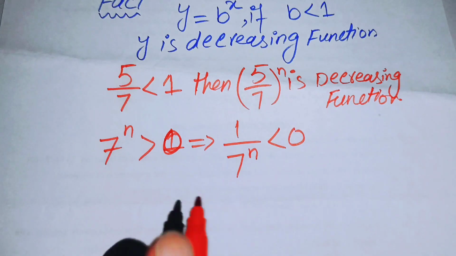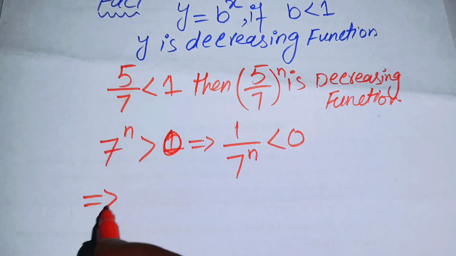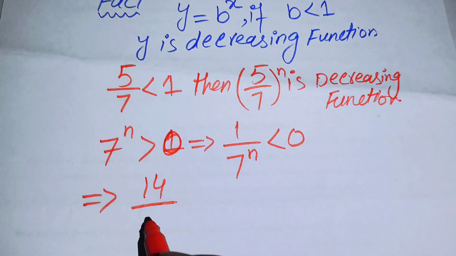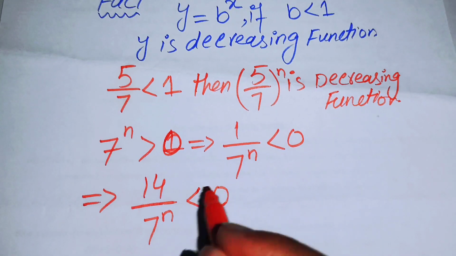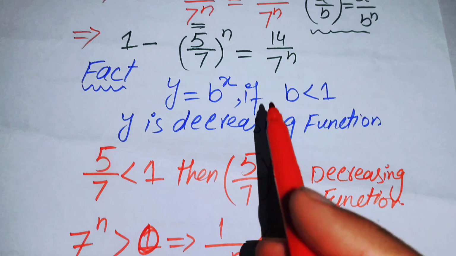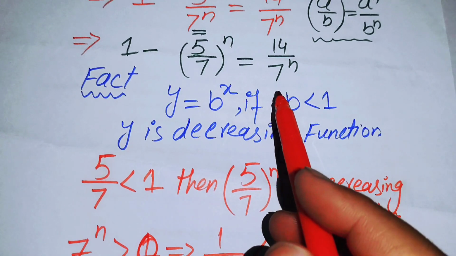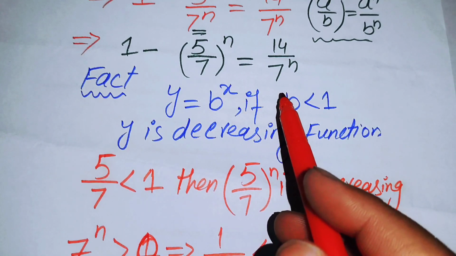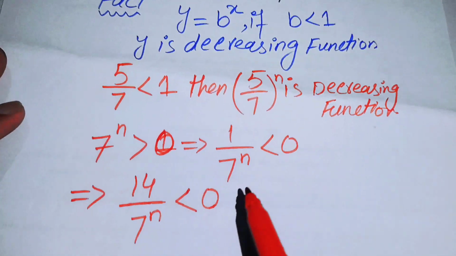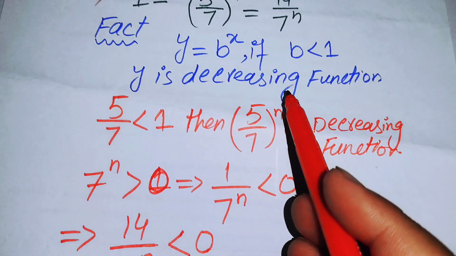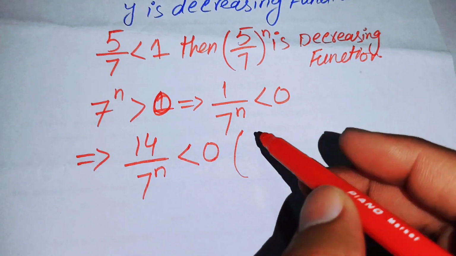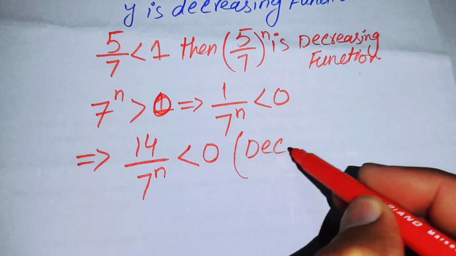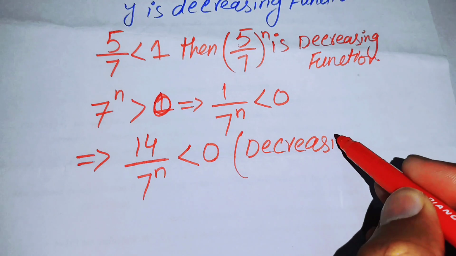And now we can multiply this expression by 14, and you will get 14 over 7 to the power of n is less than 0. So here you again see that the right hand side, 14 over 7 to the power of n, is also less than 0, and according to this fact we can conclude that this function is also a decreasing function.